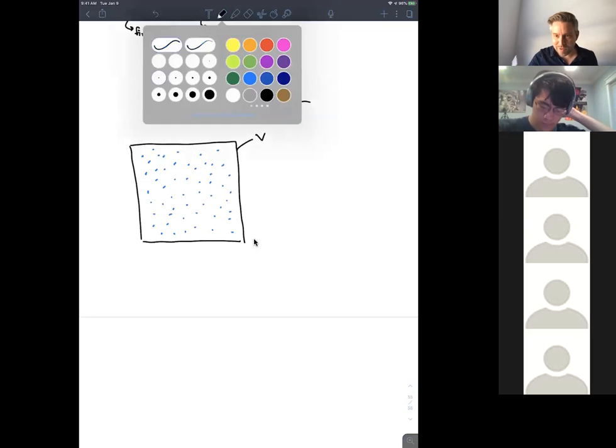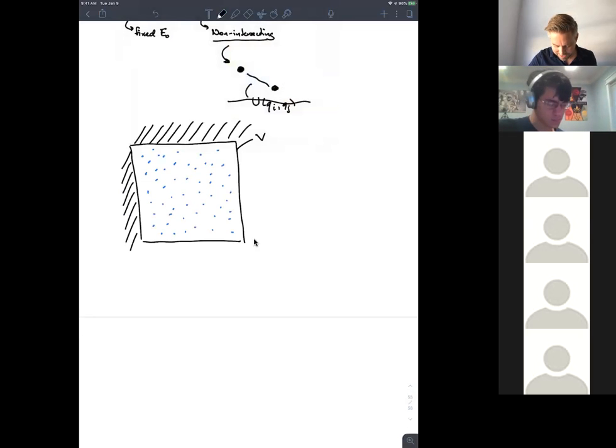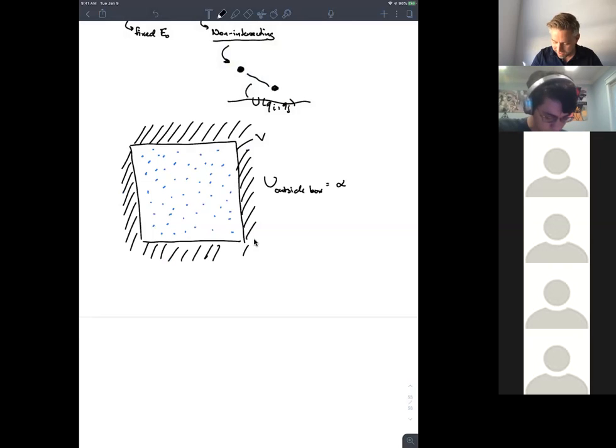So now let's talk about potential energy. Okay, so now the walls of my container are made out of some super material such that once you go past the boundary of the box, the potential outside of the box is infinite.